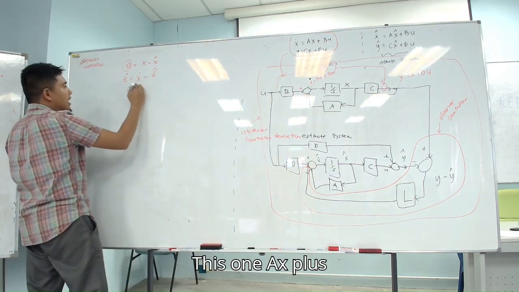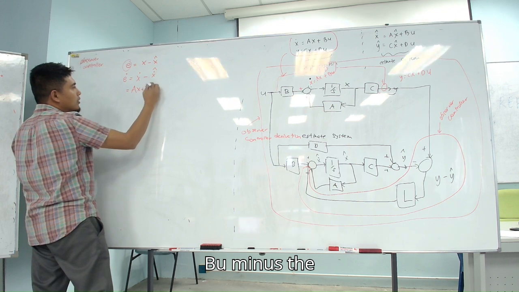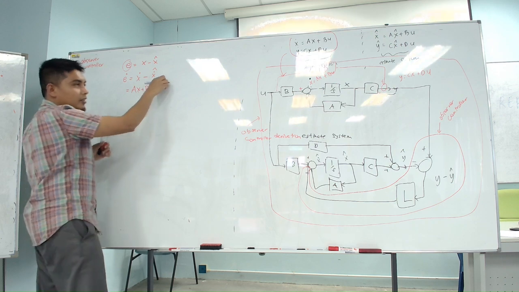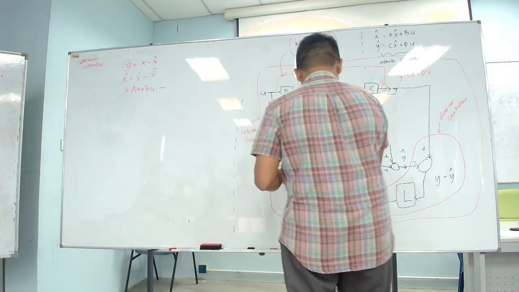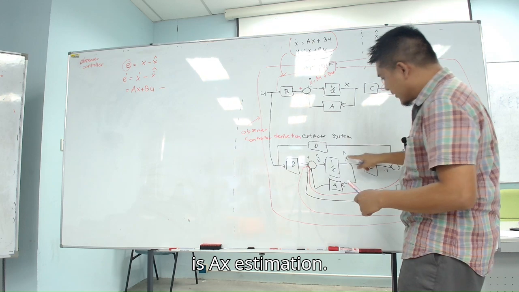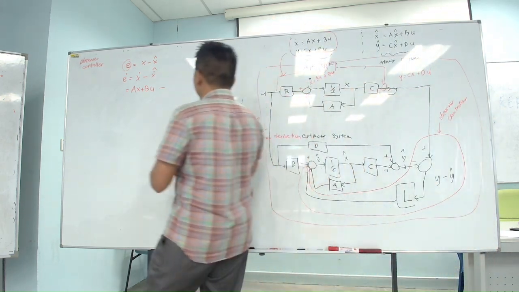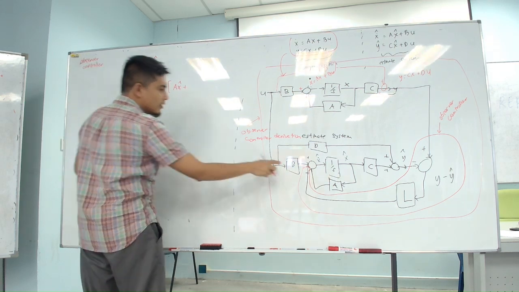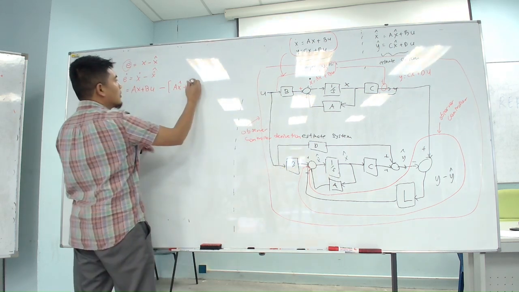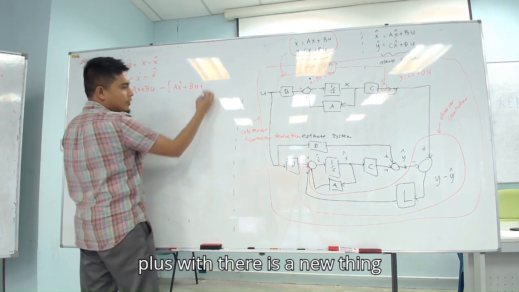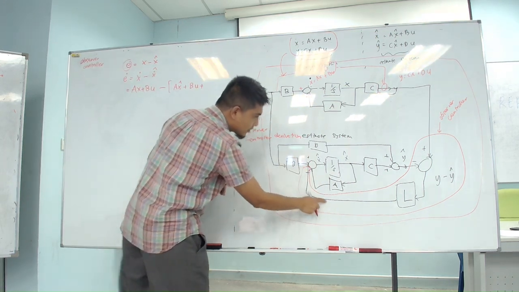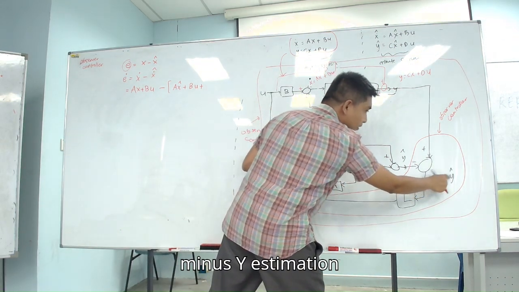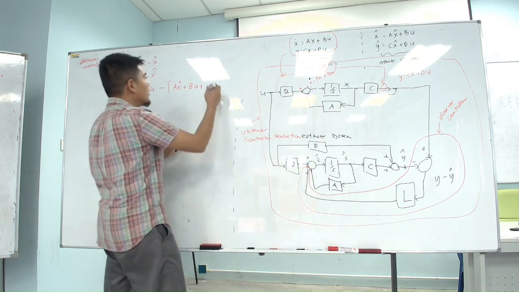This one, ax plus bu, minus the x dot estimation, which right now is ax estimation plus bu plus there is a new thing, L multiplied by y minus y estimation.